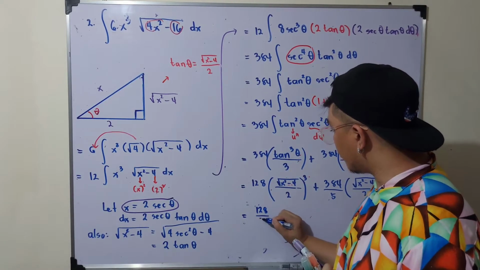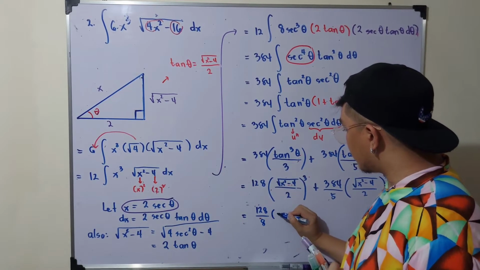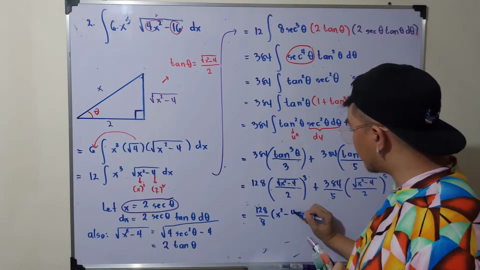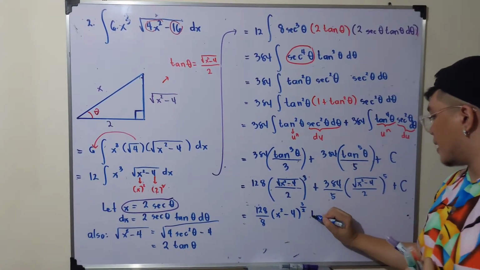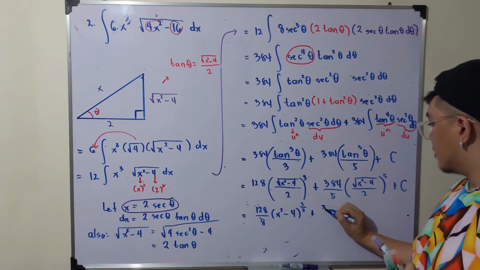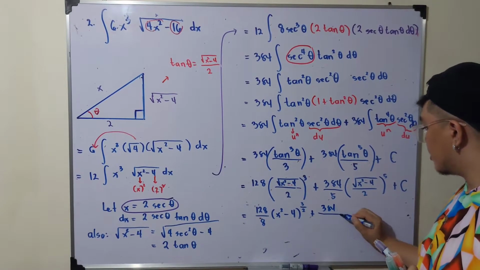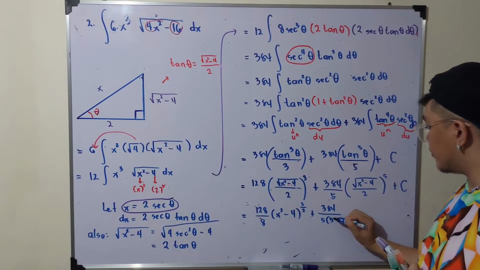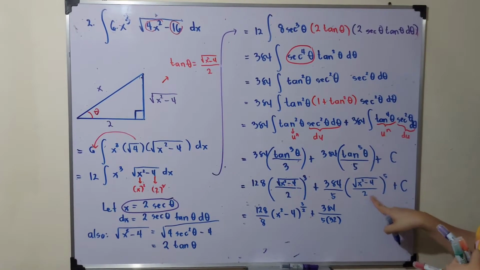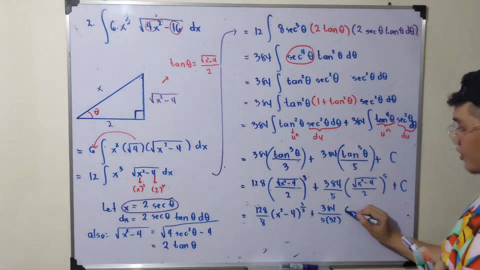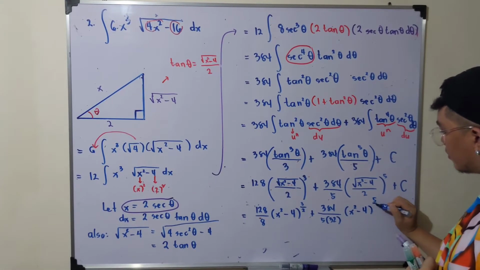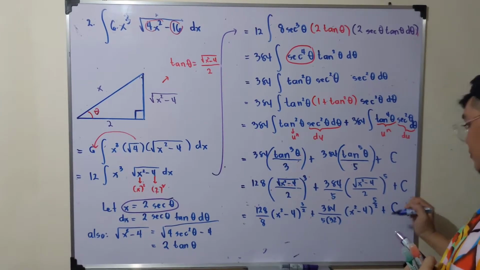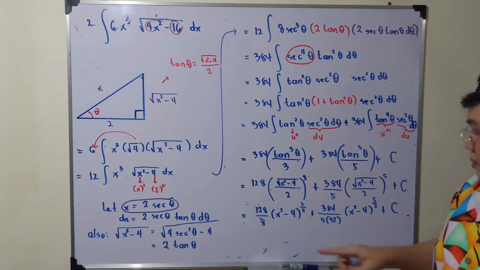So, 128 over 8. Then this, let's make it a fractional exponent. Plus 384 over 5 times 32. Where did the 32 come from? 2 raised to 5. This is it. Then let's also make it a fractional exponent. Okay. This will cancel.